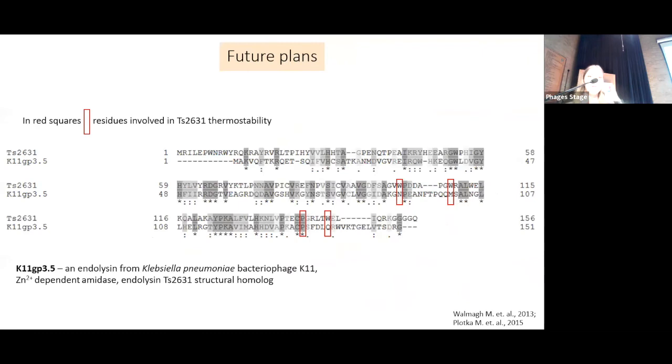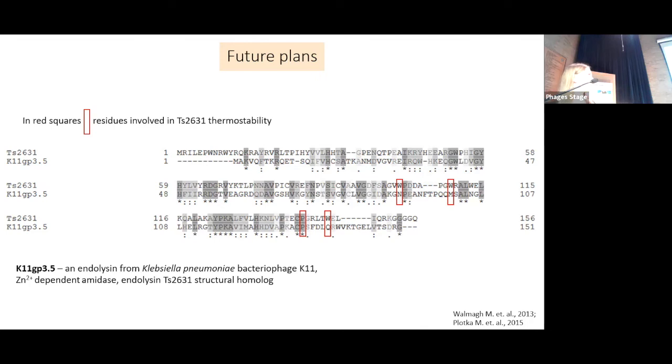Okay, so what are our future plans? We of course want to perform more analysis for other variants. And what is more, like I said before, we want to check if it is possible to substitute residues that are responsible for thermostability in TS2631 in their mesophilic homologs.